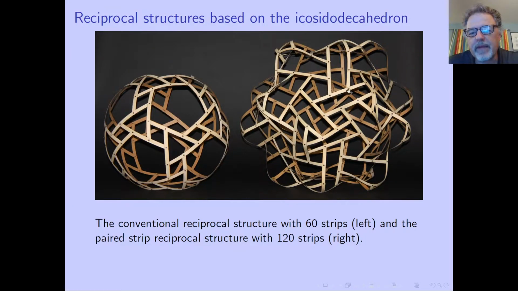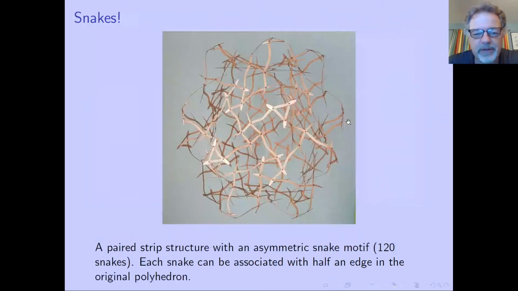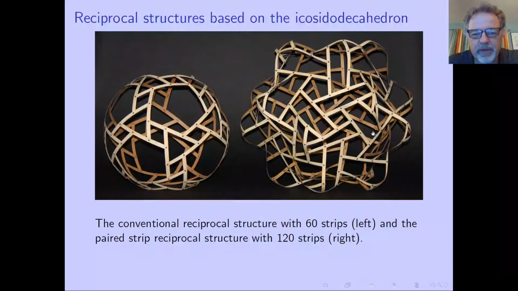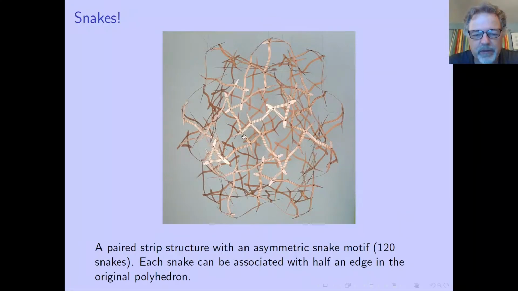And that gives this some rather interesting characteristics. Starting with this polyhedral form here, I can replace each one of those strips with a snake motif, as I showed earlier. This snake motif ends up having paired snakes. This snake that's here pairs up with the snake that's here.